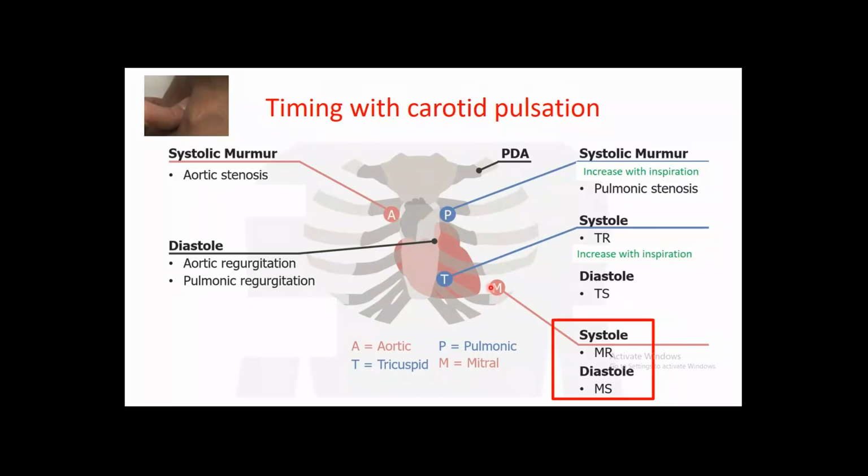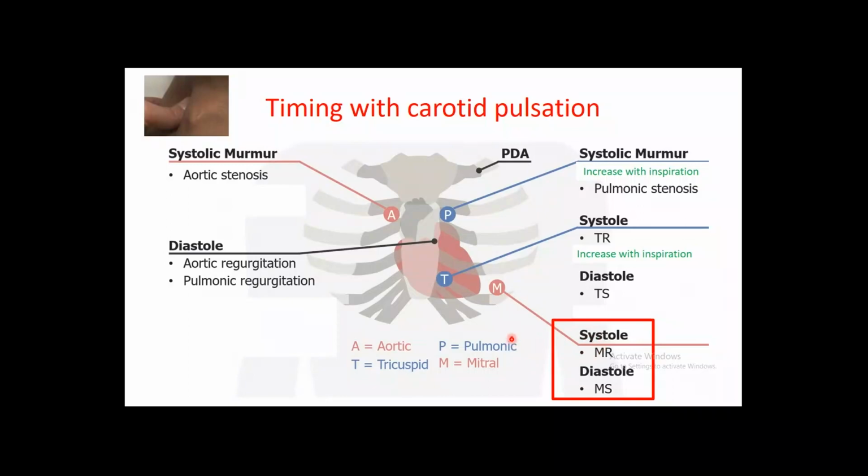Starting at the apex, if we hear a murmur over the apex, and the highest intensity of this murmur is in this area, this means the origin is the mitral valve. Then timing with carotid pulsation. If this occurs during systole, it is caused by regurgitation of blood during systole, called mitral regurgitation.